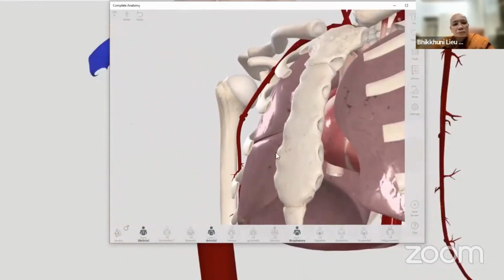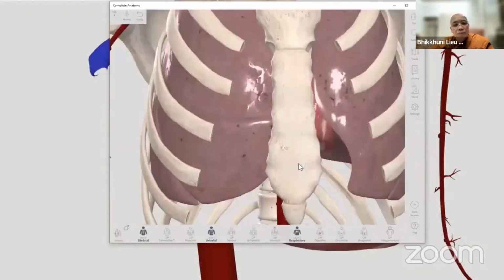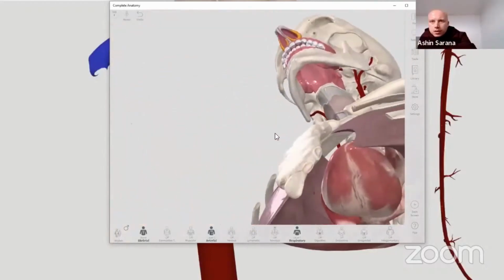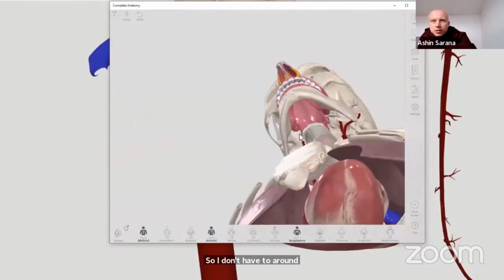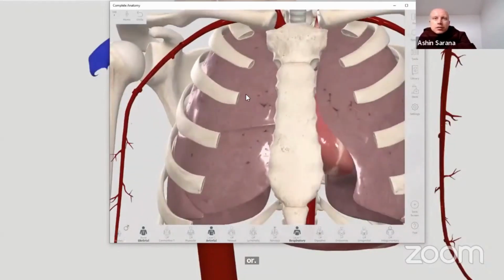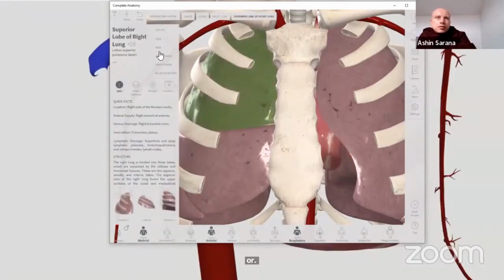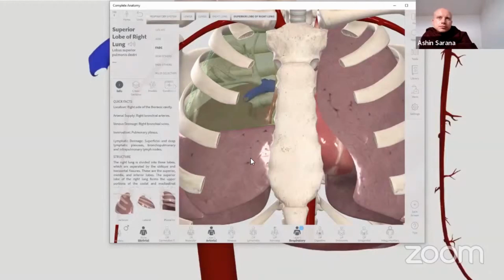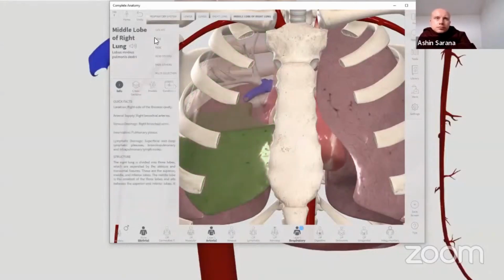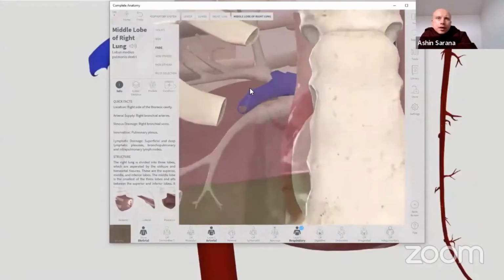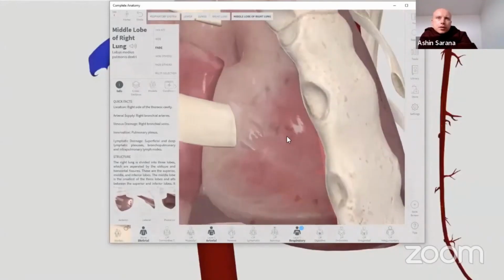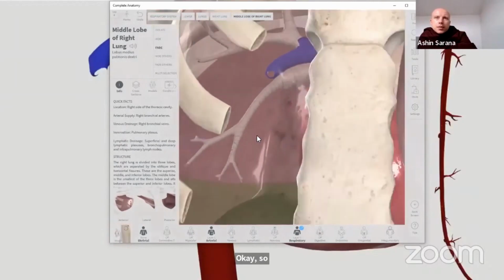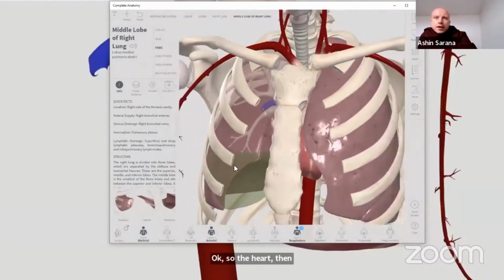So I think I will have to, don't know how to show that. Okay. So the heart then pumps it into the lung, which I have faded.